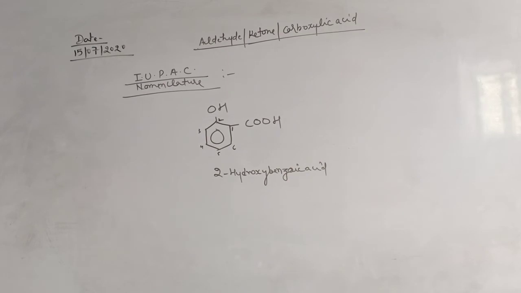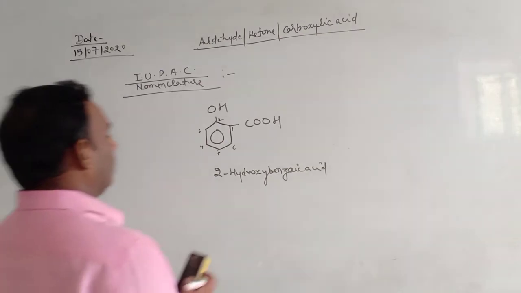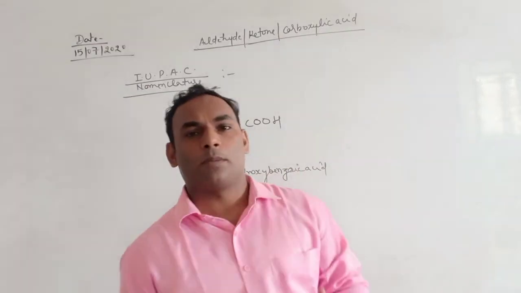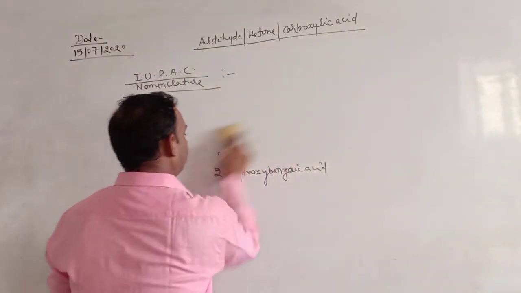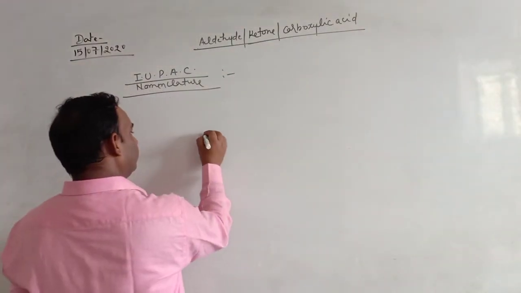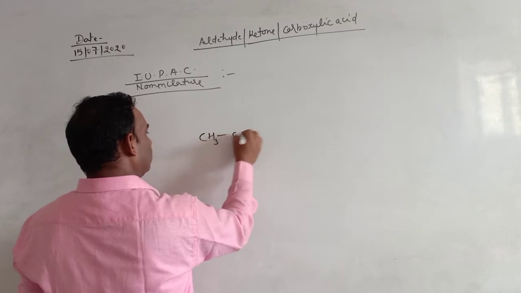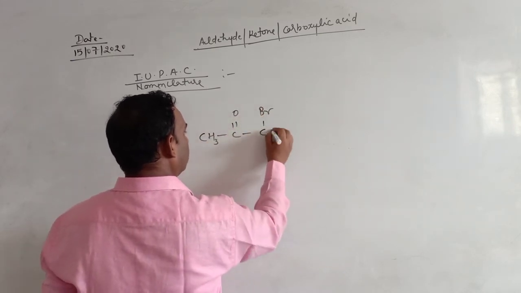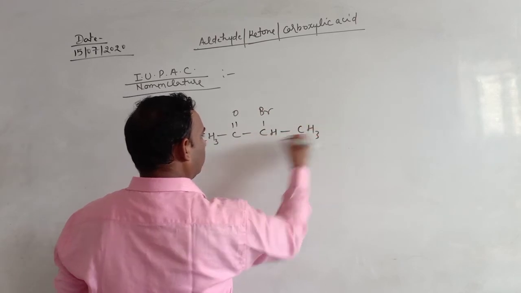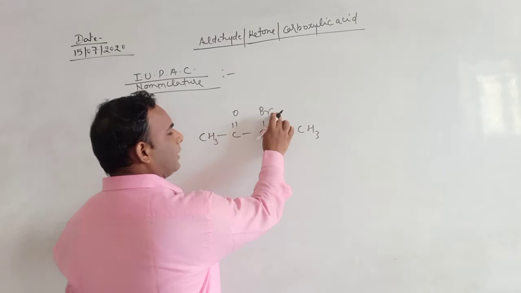Okay, this type of nomenclature belongs to the priority table. Which group is most prior over the others? It is ketonic group, and there is a halide.